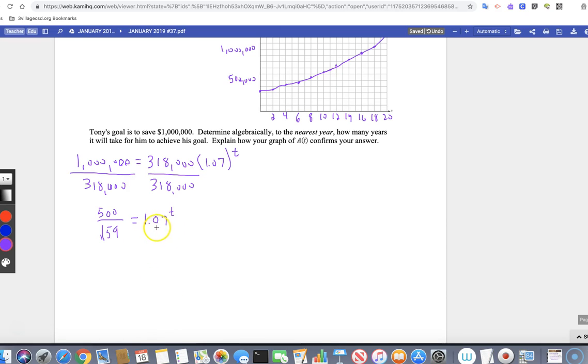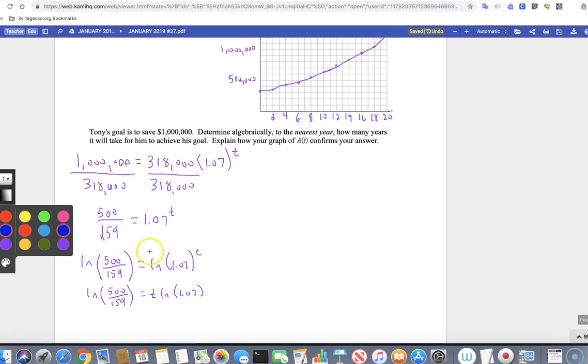And now that we have the base and the exponent by itself, what we typically did was we now just take the natural log of both sides. We do this in particular because on the right-hand side, because we've taken the natural log of 1.07 to the t, we are now allowed to bring that exponent of t down in front. So we'll have t times the natural log of 1.07, and this would still equal the natural log of 500 over 159.